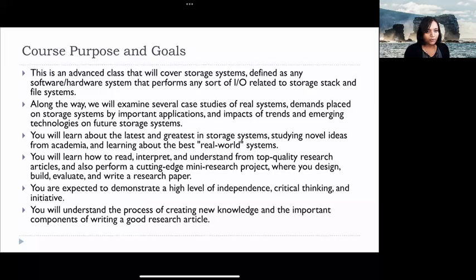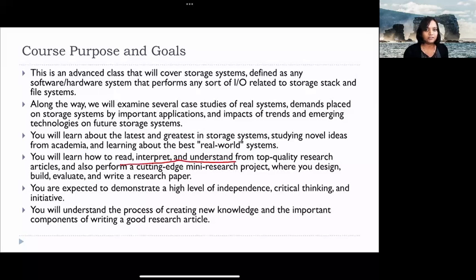In this course, we would learn how to read, interpret and understand top quality research articles. Apart from learning the basics of different components within storage systems, we are also discussing some cutting edge, recent or ongoing challenges that storage systems are facing. And so we would have those research articles in different modules.